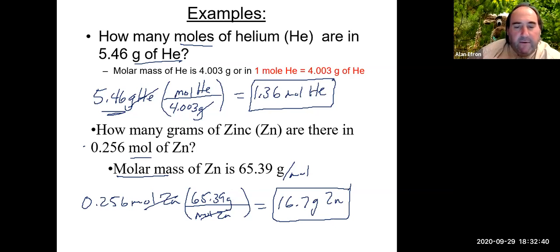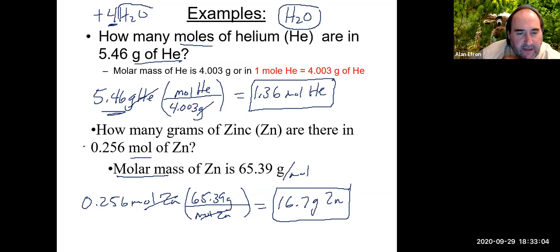So just a reminder, whenever you're asked to calculate the molar mass, it is just based off of the formula. So again, if we had H2O, we would go to the periodic table for the 2 hydrogens and the 1 oxygen. And that is even the case if it was in a formula where it said like 4H2O, with a coefficient. The coefficient has nothing to do with the molar mass.